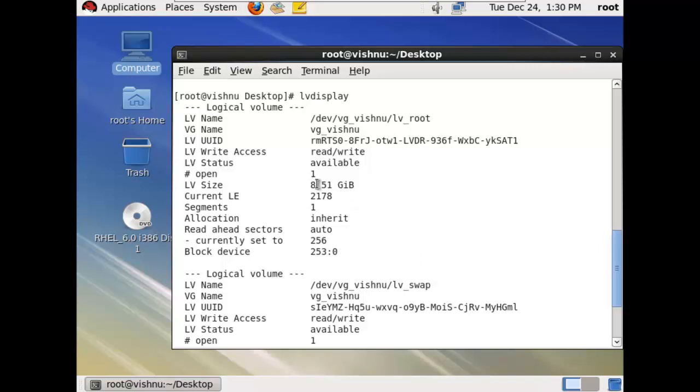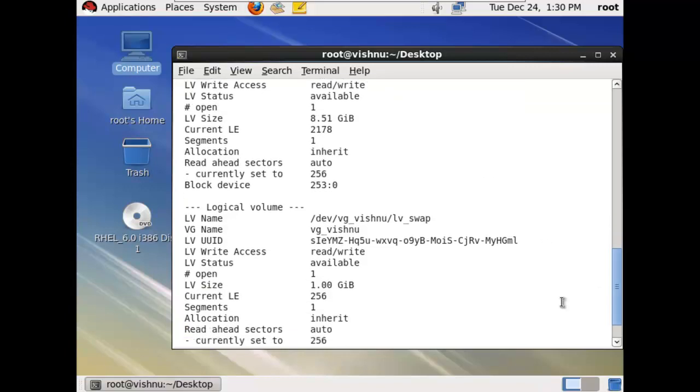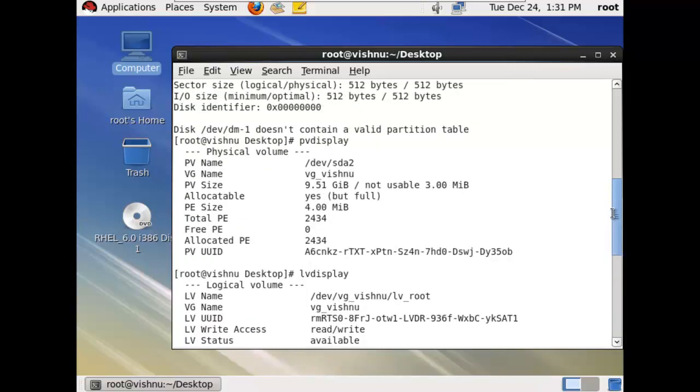The size of your root is 8.51 and the size of your swap is 1 GB. So if you add 8.51 plus 1 GB, you get 9.51 GB, which is the total size of your PV, which is SDA2.